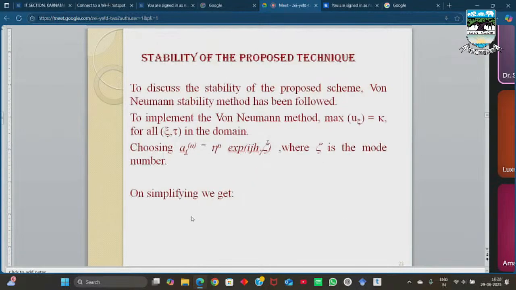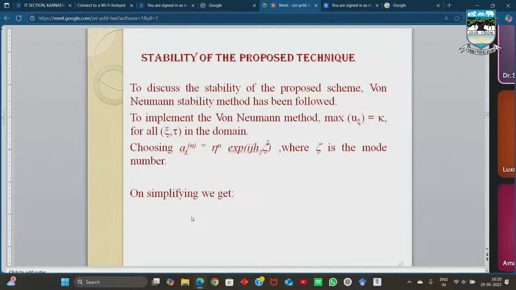Now we come to the stability of the proposed scheme. The stability of the proposed scheme is discussed using the von Neumann method. To implement the von Neumann method, the nonlinear term ∂u/∂x is quasi-linearized by taking its maximum as κ for all the points in the domain.